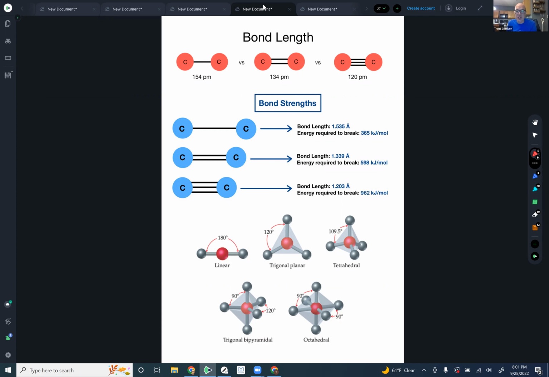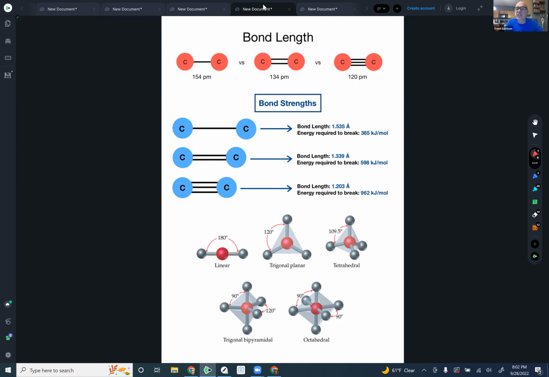The third definition that they covered was bond angles. And the definition is the angle of the bonds. And now specifically, it's the angle in between the central atom and one of the exterior atoms.